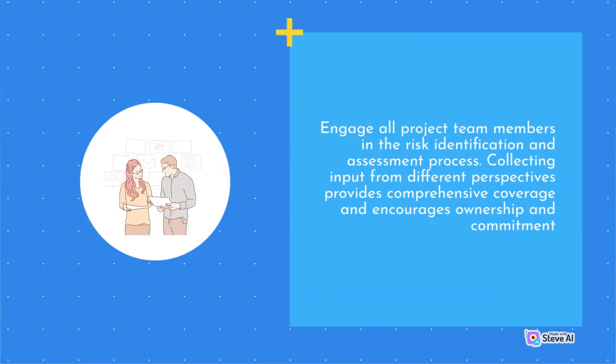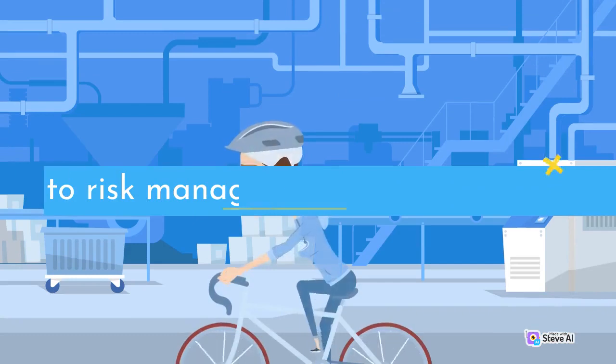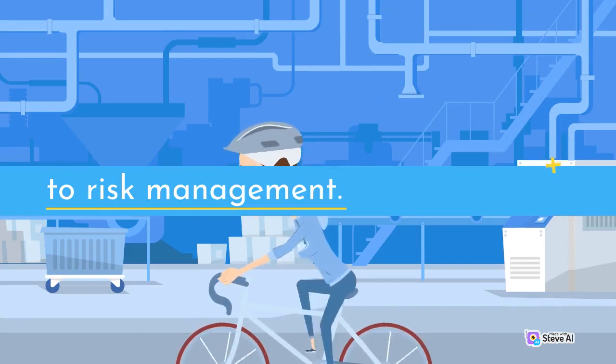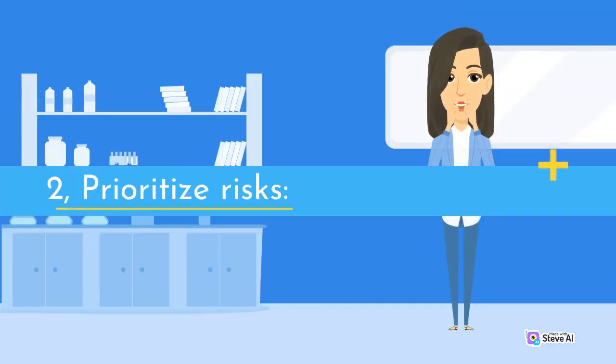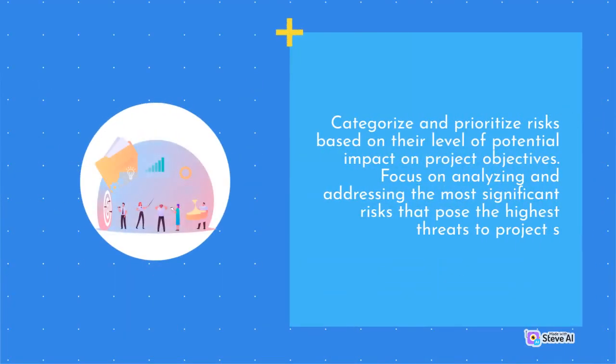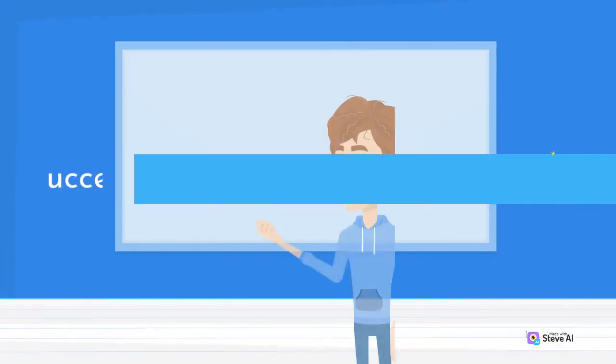Collecting input from different perspectives provides comprehensive coverage and encourages ownership and commitment to risk management. 2. Prioritize risks. Categorize and prioritize risks based on their level of potential impact on project objectives. Focus on analyzing and addressing the most significant risks that pose the highest threats to project success.